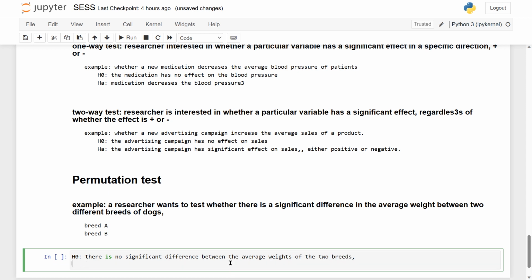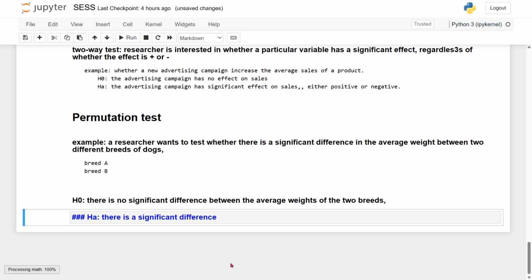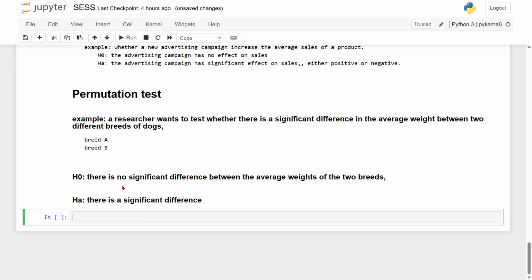While the alternate hypothesis is that there is a significant difference. This is what the researcher wants to test. He just wants to check the significance, and this is our null hypothesis, and this is our alternate hypothesis. Now let's get into the action.